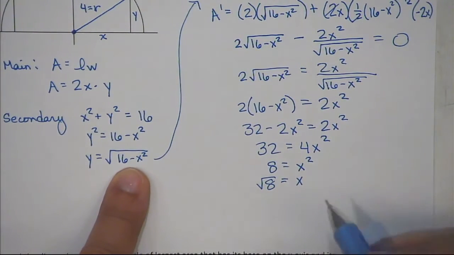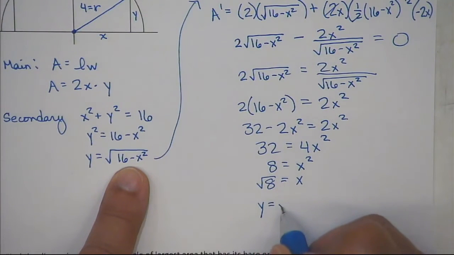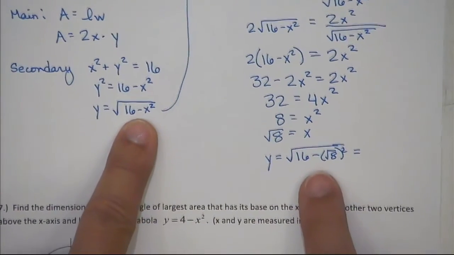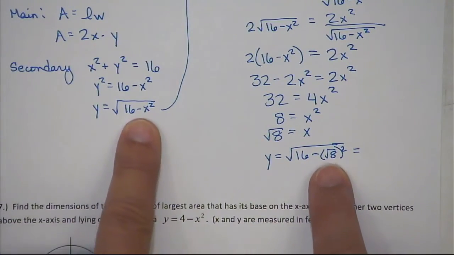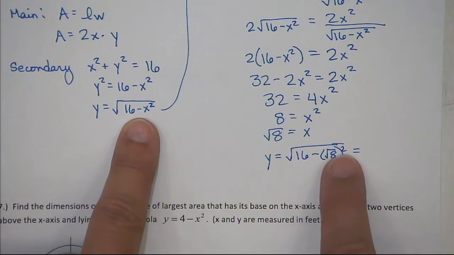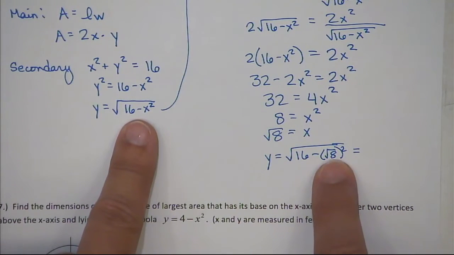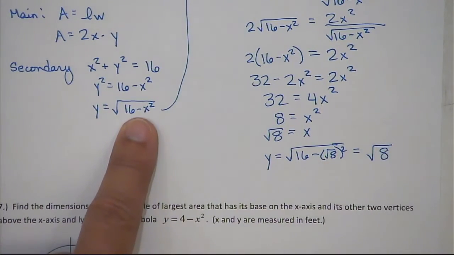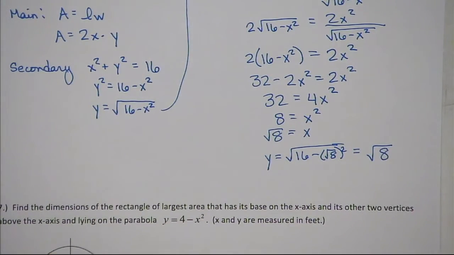Okay, so let's find y. Square root of 16 minus square root of 8 squared. The square root of 8 squared is just 8, and 16 minus 8 is 8. So y is also the square root of 8.